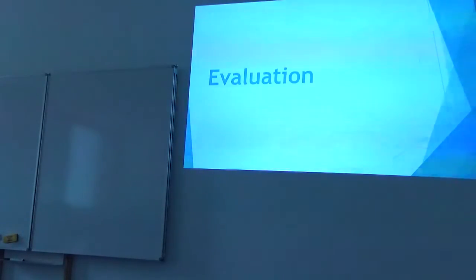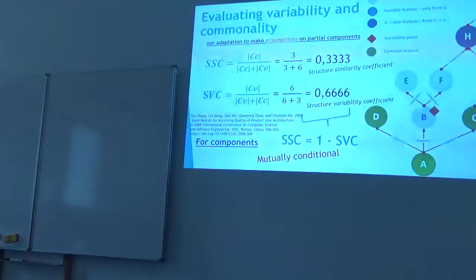And now I want to talk about the evaluation, how I proved that my software product line is really beneficial in these types of applications. As you see, we can evaluate variability and commonality by using the structure variability coefficient and the structure similarity coefficient.